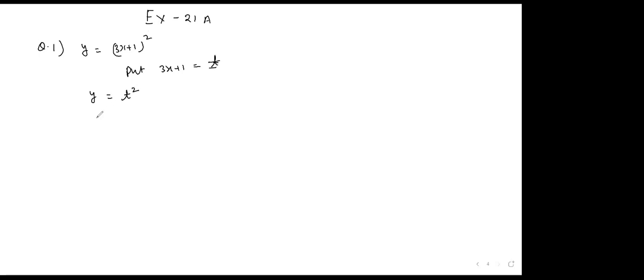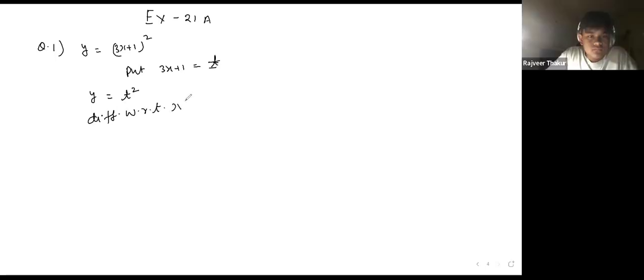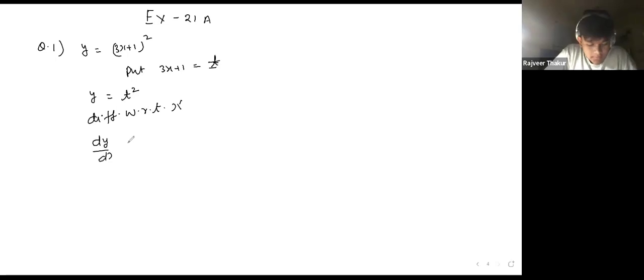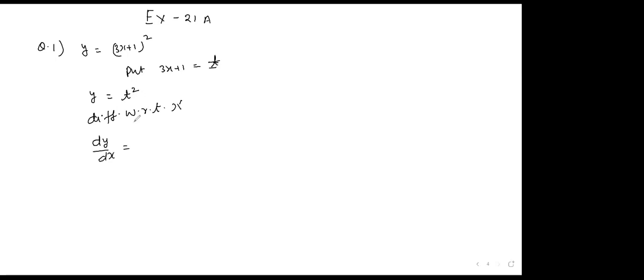Differentiating with respect to x. Derivative of y is always dy over dx. And derivative of t square is what? 2t.